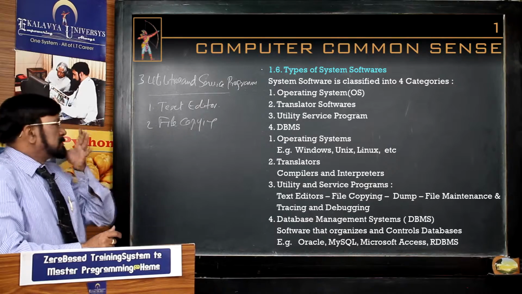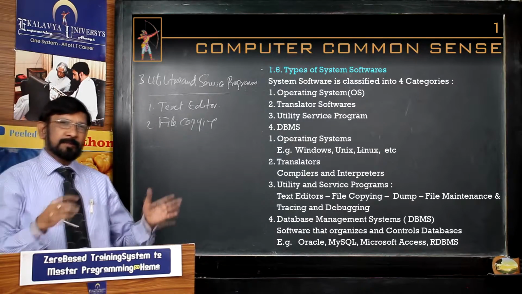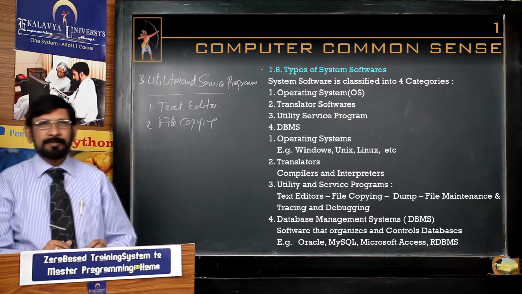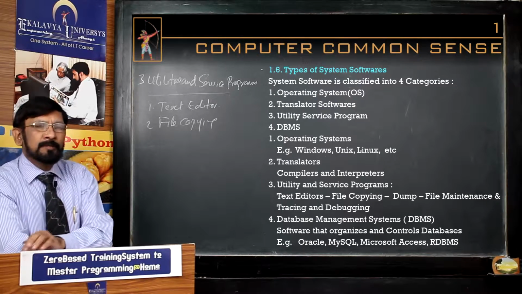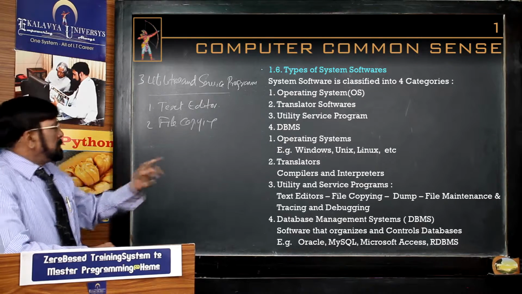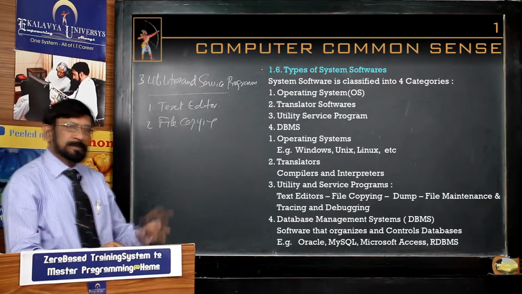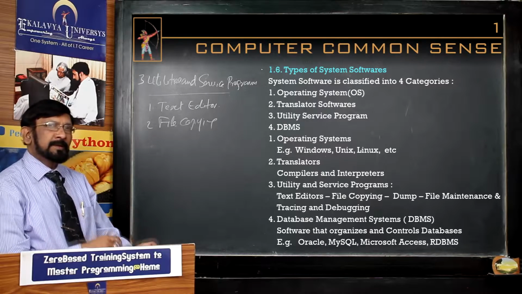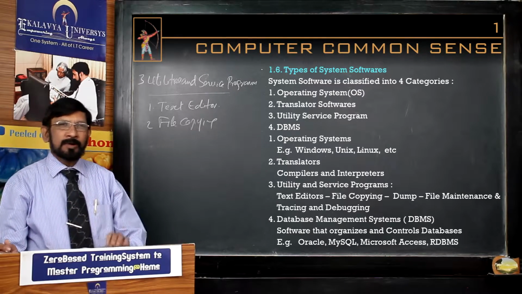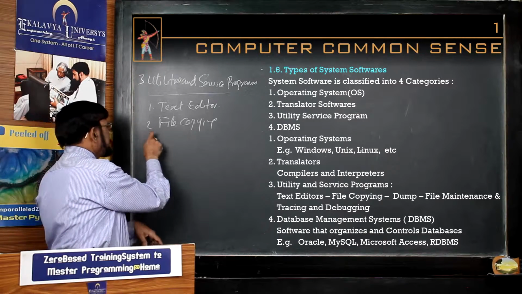For this purpose, a file copying facility is required. File copying means whatever data is there in your system can be copied onto a CD-ROM or DVD. There are special file copying programs for that. This is very essential. Otherwise, if your system is corrupted, the entire data will go and you have to work from scratch. That is the second facility.